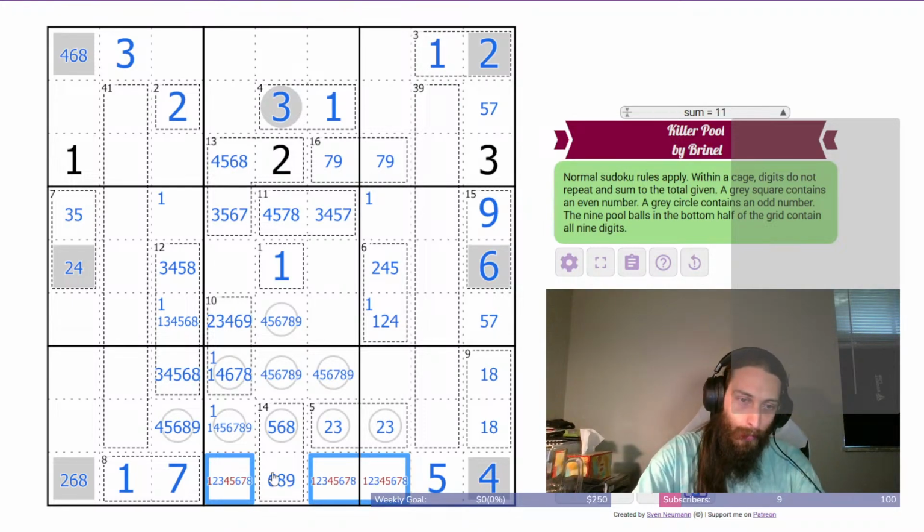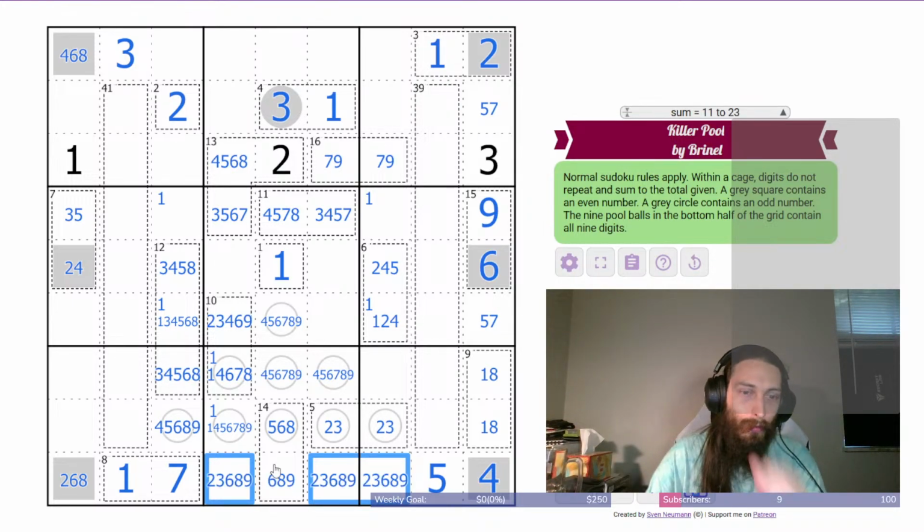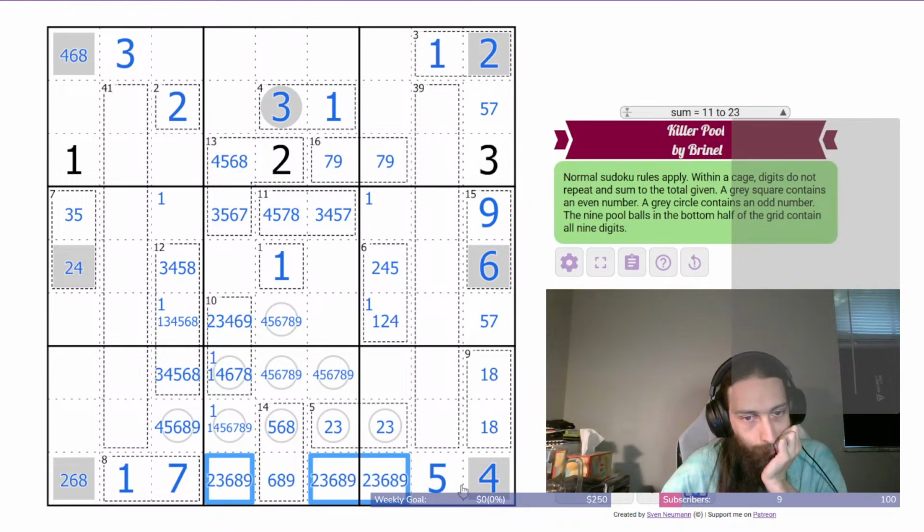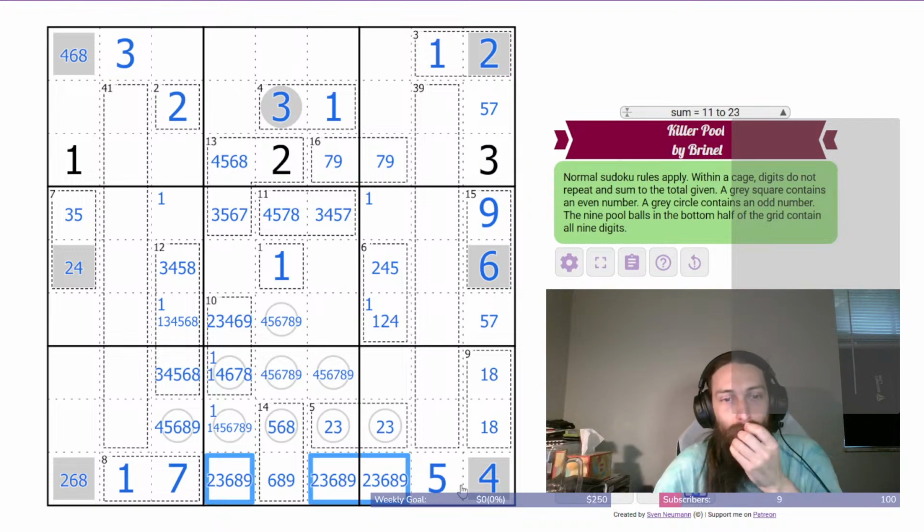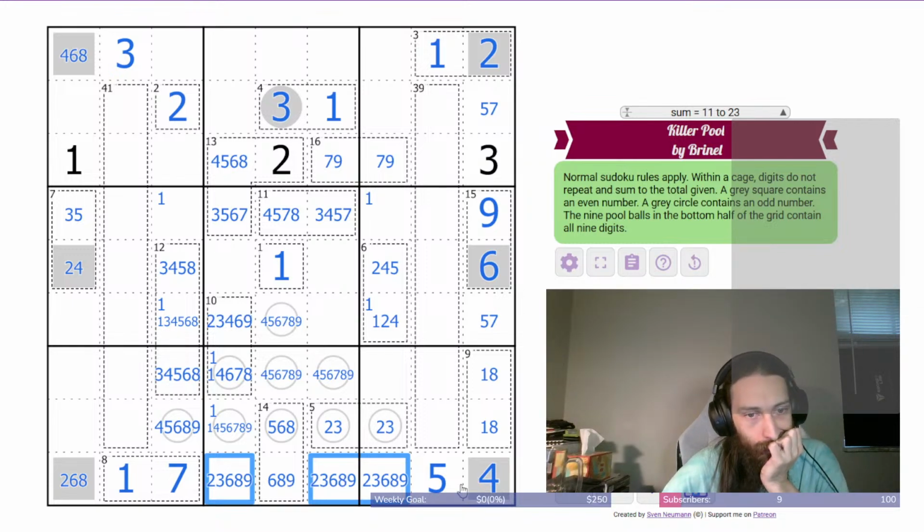Going along the bottom, 1, 7, 5, and 4 are all out. Oh, okay.